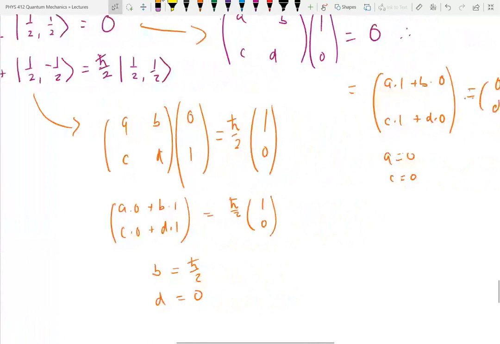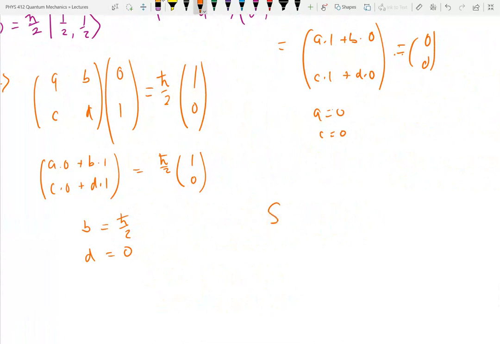So now I can make my entire matrix then. S plus is equal to 0, H bar over 2, 0, 0. So there's my raising operator.